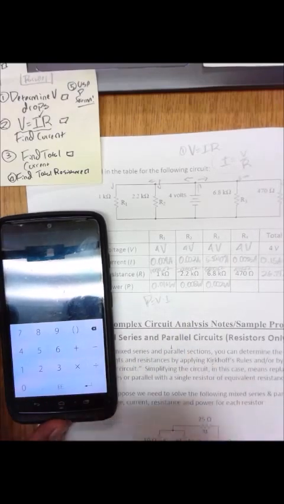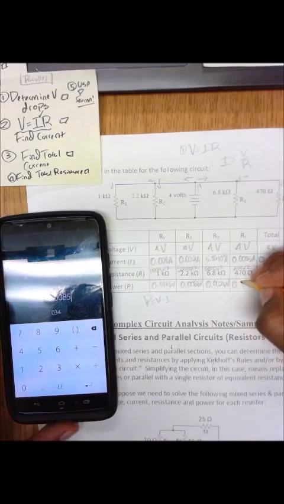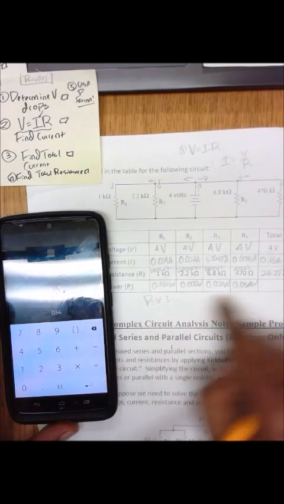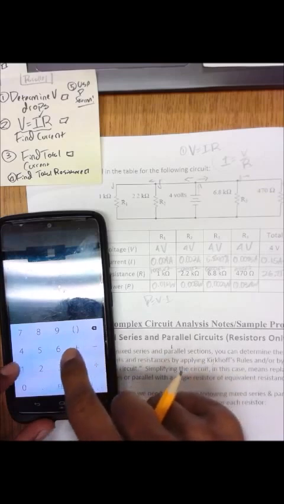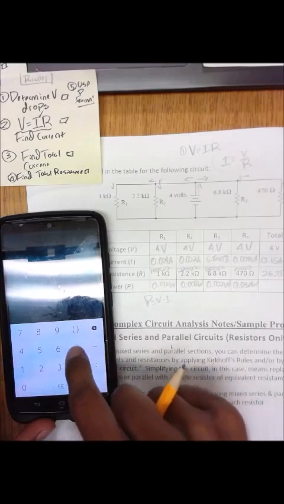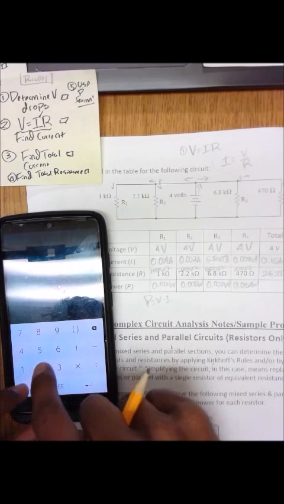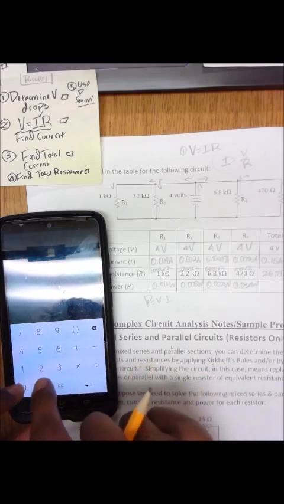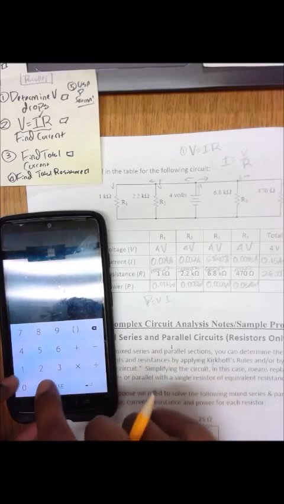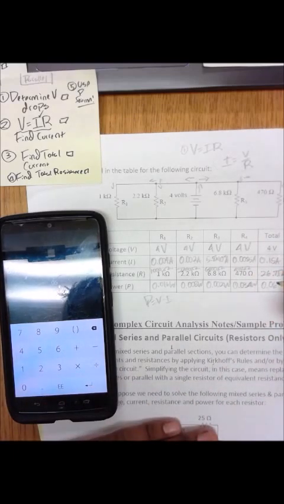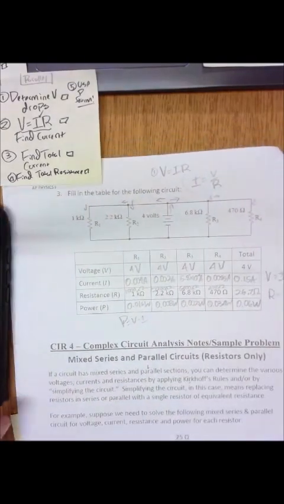And 4 times 0.0085. And we add each of these, and we have, voila, power.